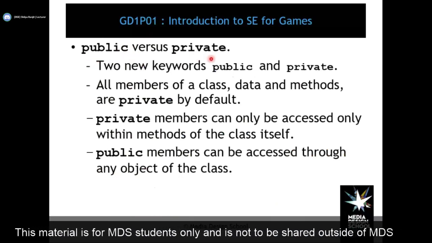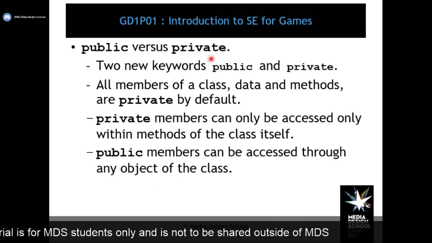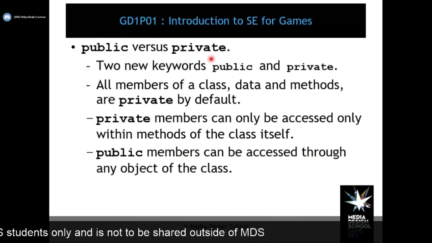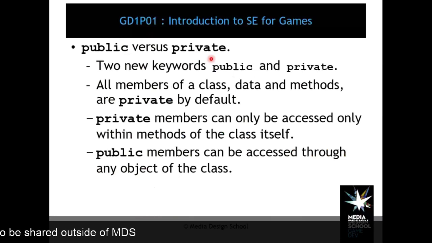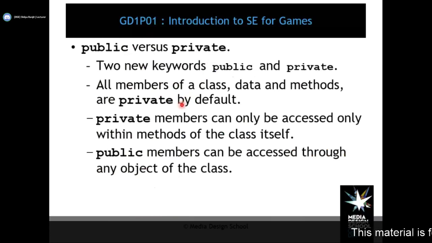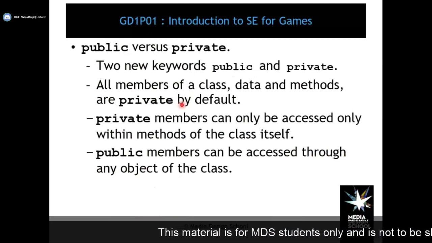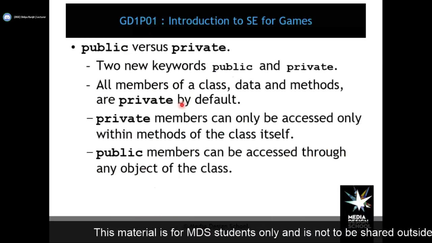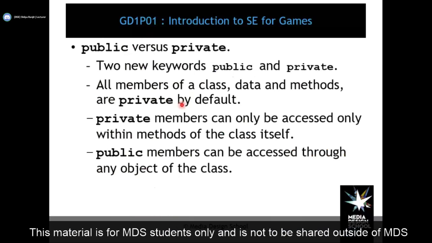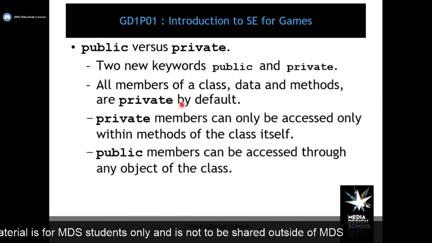Other than this, there's also something called protected, but you have still not learned enough to understand what protected is, so we'll just talk about public and private for now. By default, all the members of a class are private. In the previous example about ccat, we hadn't mentioned any public or private there, which means that all those members are private by default.